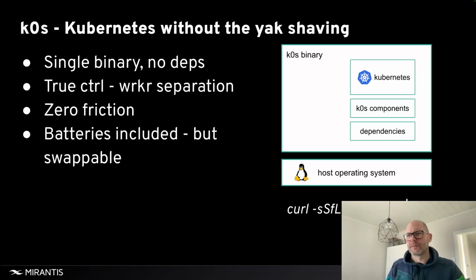And also, k0s comes with all the batteries included, but they are all also swappable, meaning that k0s comes with containerd, for example, as a default, but you can use basically any other CRI compliant container runtime, like CRI-O, Kata Containers, Docker Enterprise from Mirantis, or you name it.